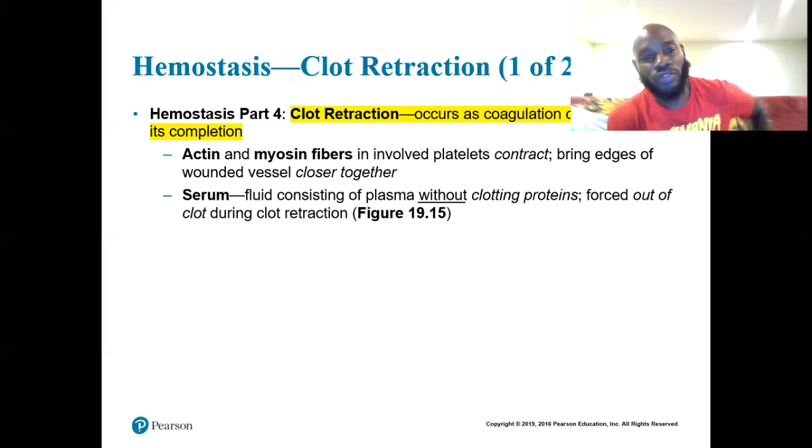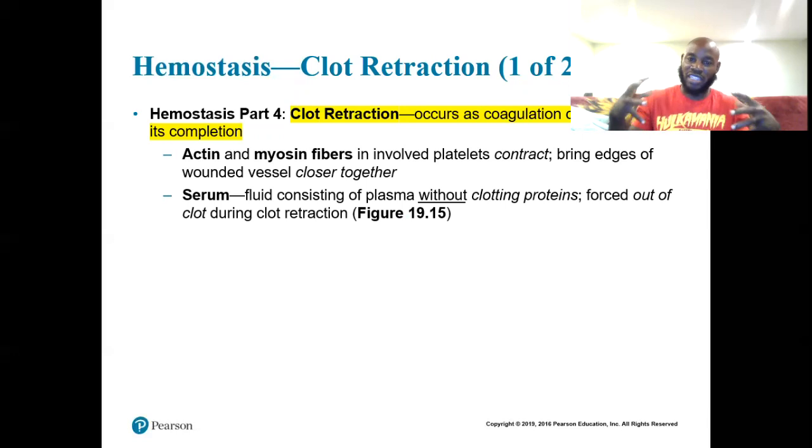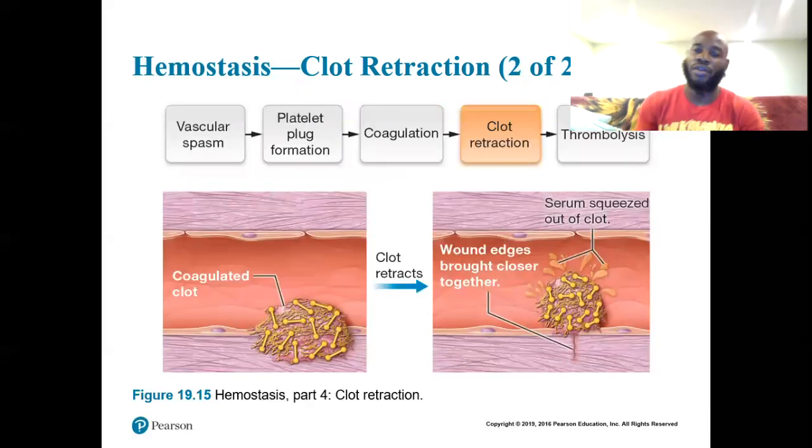Serum, a fluid consisting of plasma without clotting proteins, is forced out of the clot during clot retraction, right? So you have serum that's released, actin and myosin fibers bringing the edges of that broken blood vessel back together. So that's called clot retraction. We start bringing that structure back together.